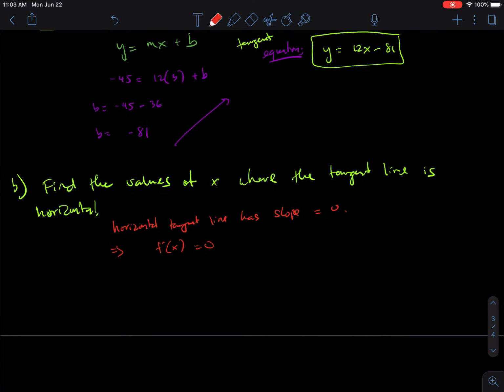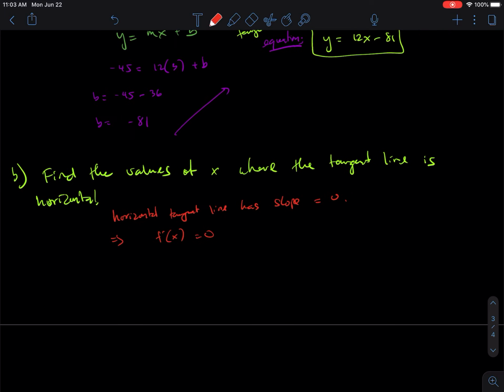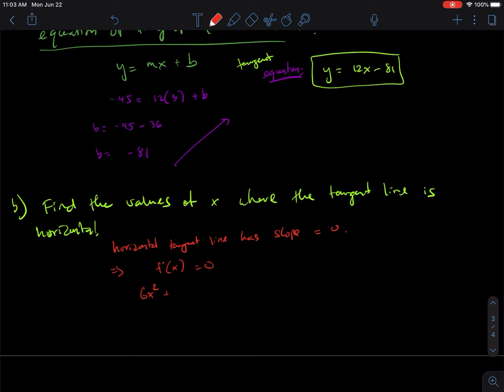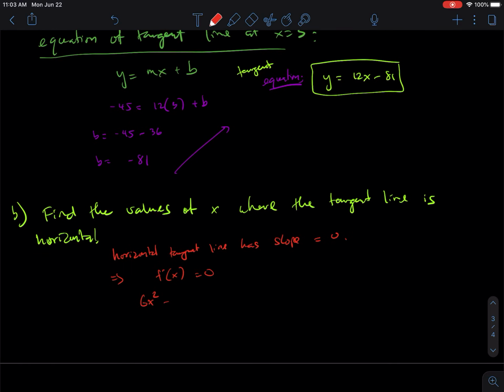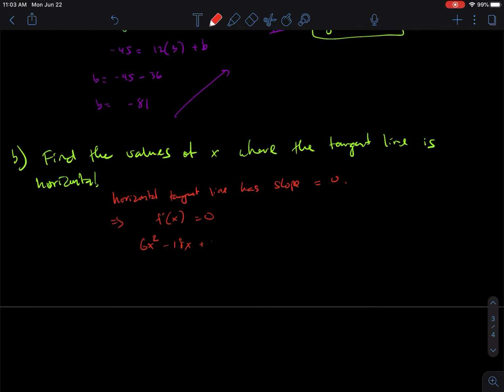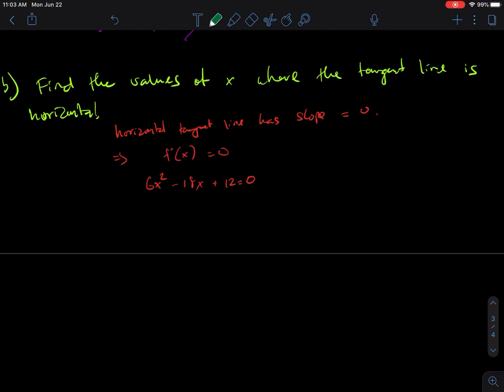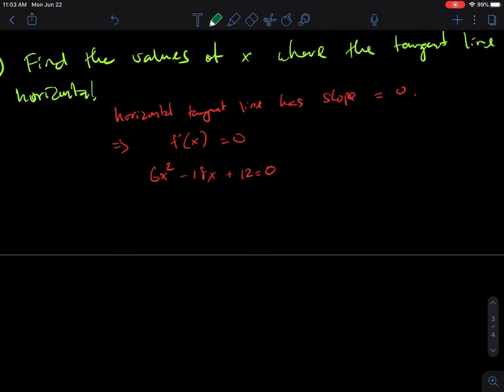So now we set the derivative function equal to 0. So that was 6x squared minus 18x plus 12 equals 0. We're supposed to solve for what value of x yields the derivative equals 0, hence the tangent line is horizontal.